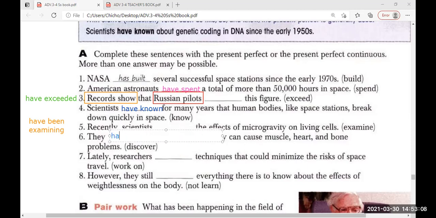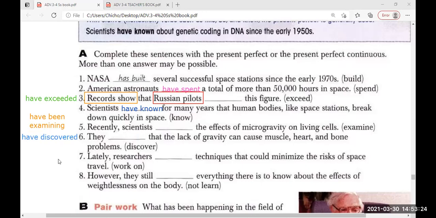Yes, have discovered. Okay. What about number 7? Have been working.